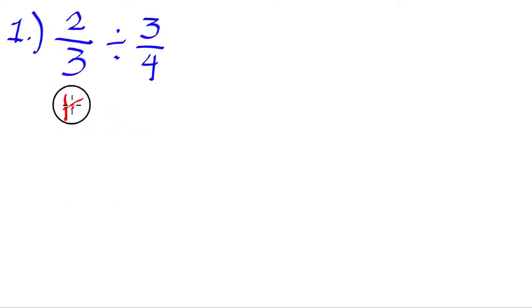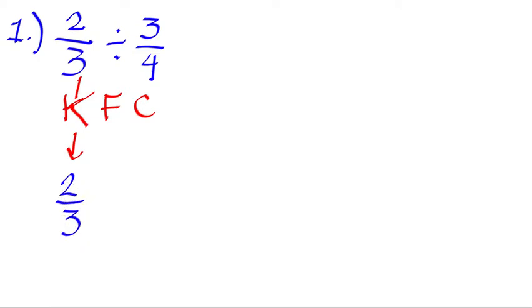Or we can use this. If you can remember our subtraction of integers, we have this acronym KFC. So what are we going to do with the KFC? We're going to keep this number, so we'll just copy this literally, 2/3.